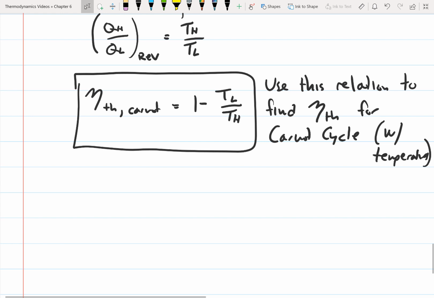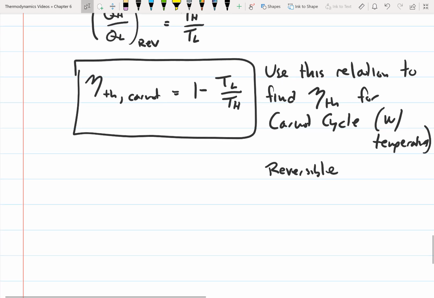So from this relation, since this is for the Carnot heat cycle, we also know that this is for a reversible cycle. So we know that the highest efficiency we can possibly have is basically the Carnot efficiency, the reversible heat engine operating between the same T high and T low that we have.